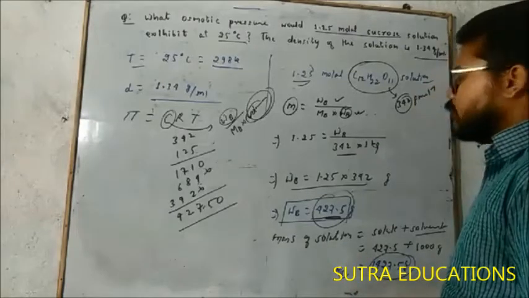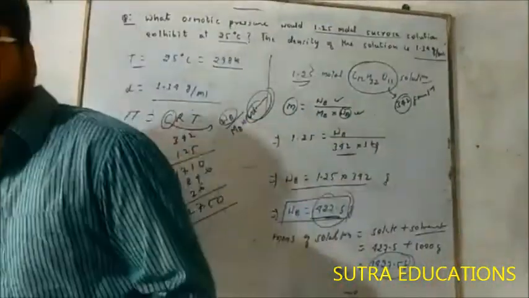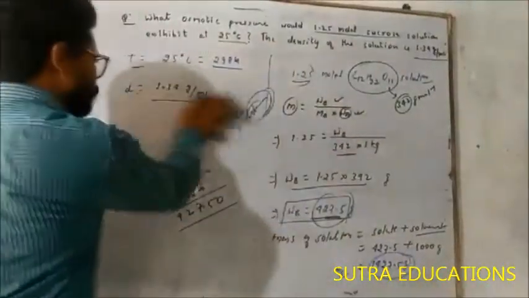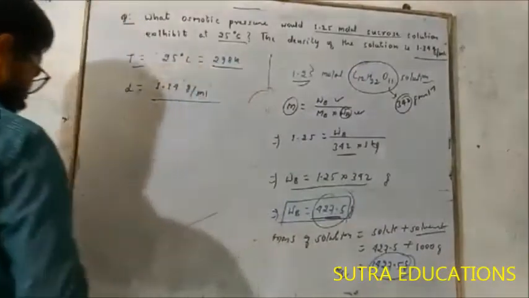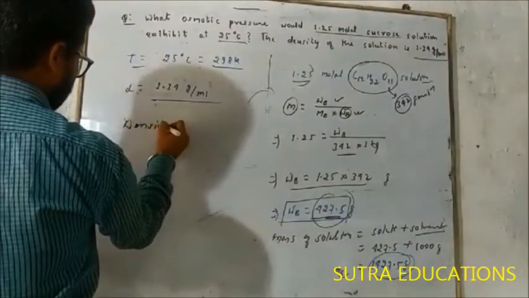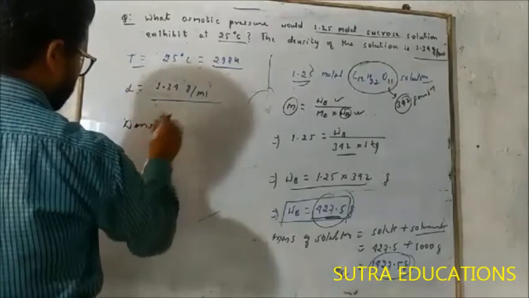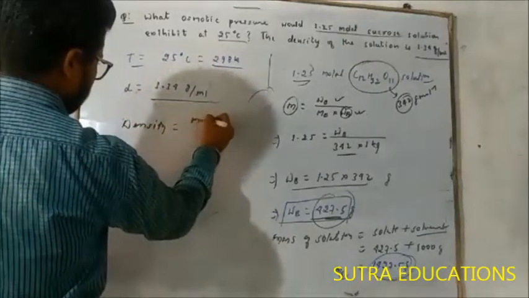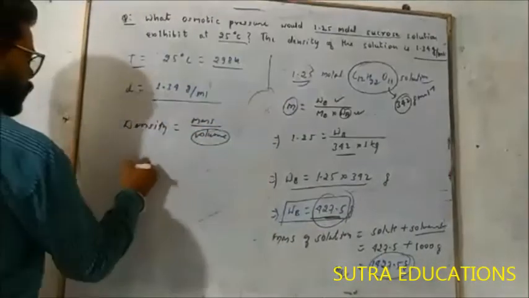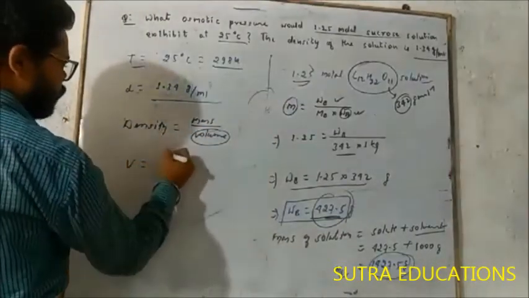Now we know one formula. Density is equal to mass by volume. We have to calculate volume of solution. So from here we can say volume will be equal to mass by density.